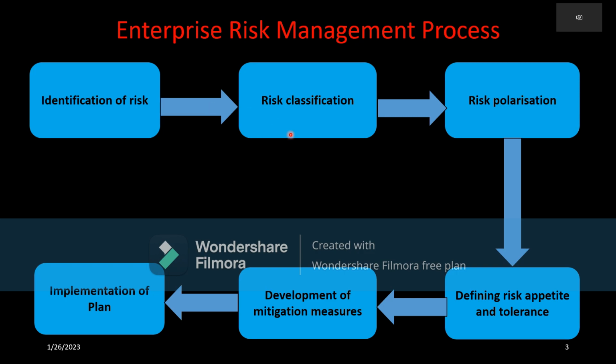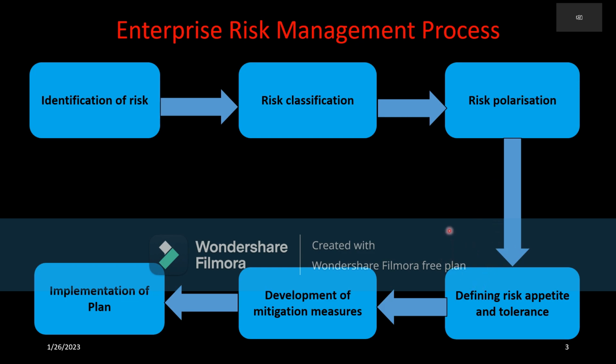All the risks are then classified basis the type of impact a risk can have on the organization. And once the classification has been done, all the risks are then polarized basis the probability of their occurrence and severity of the impact of the risk.